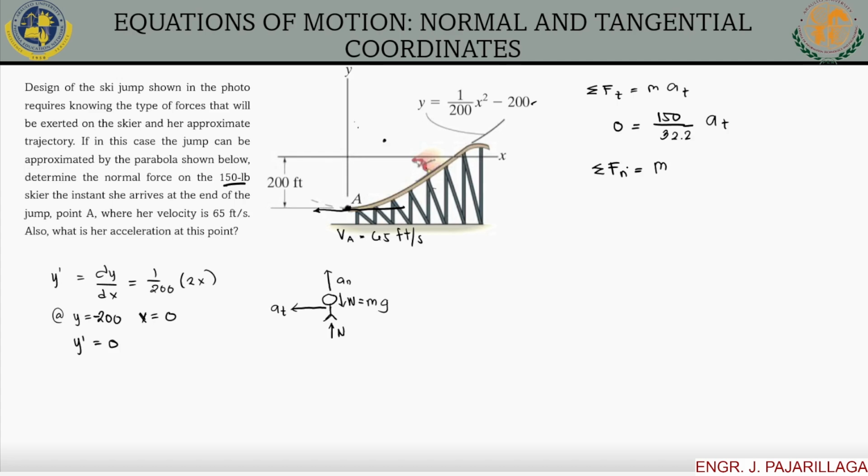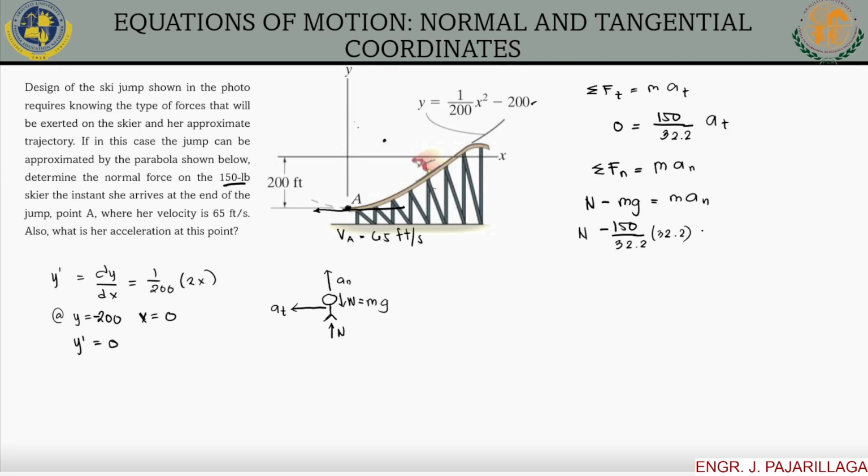That would be the summation of the forces on the normal axis is equivalent to the mass times the normal acceleration. So, pagdating dito, we have now forces. Yung una, we have N going upward minus mg is equivalent to m a_n. Our value of N is still unknown. Our mass is 150 over 32.2, times 32.2.